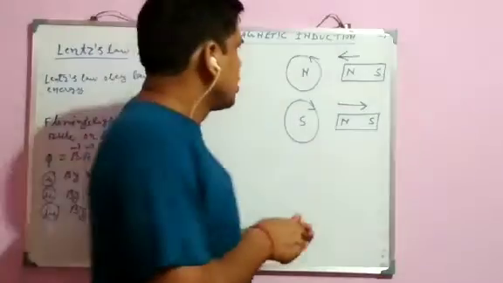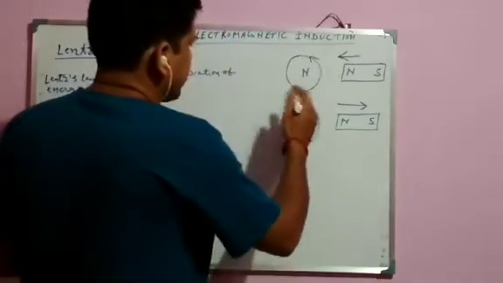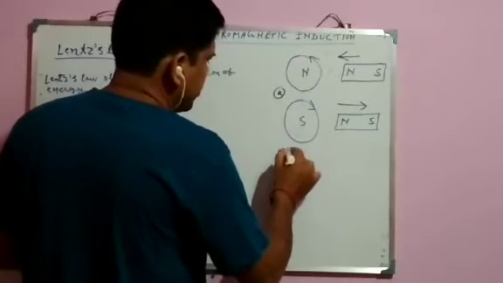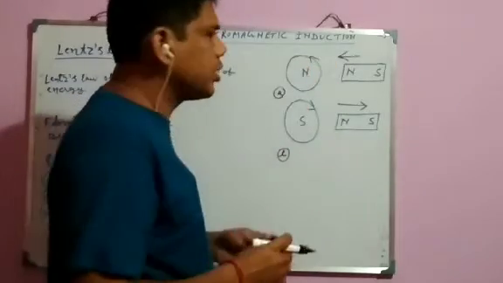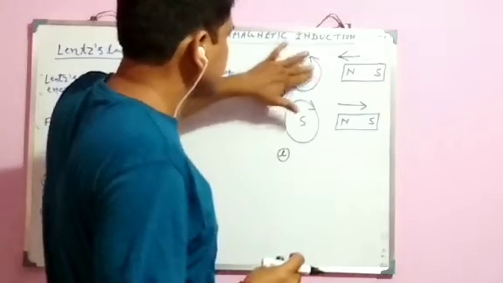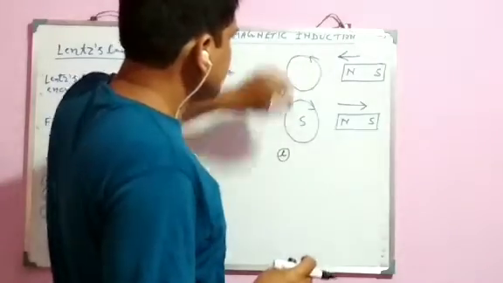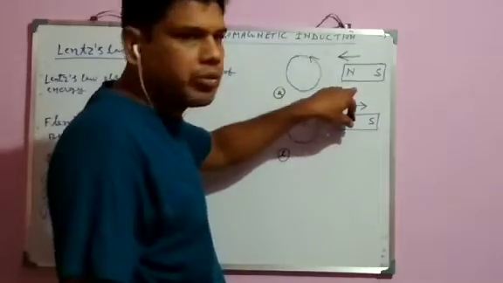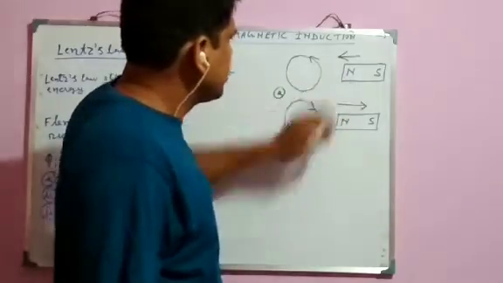Now, see figure A and figure B. In this figure, we have considered a coil, and we have one bar magnet.